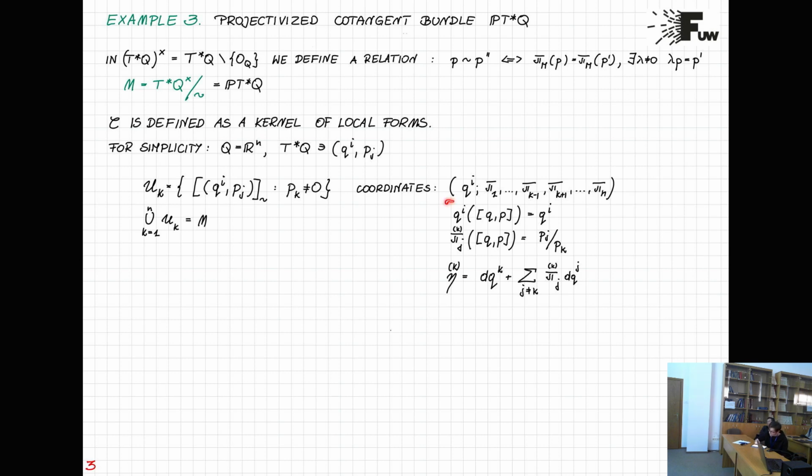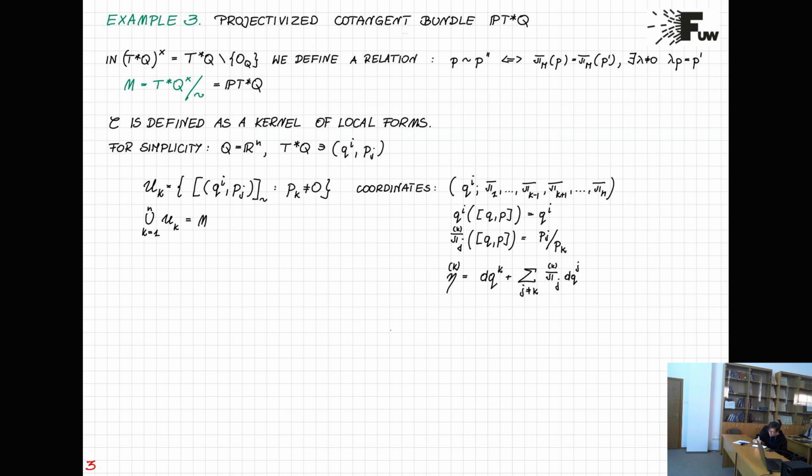So we define projective coordinates also as usual. So within the chart, we keep the base coordinate unchanged, and the covector coordinate is a ratio between the actual coordinate of the covector divided by this coordinate of this non-vanishing coordinate, which is non-vanishing within the chart.